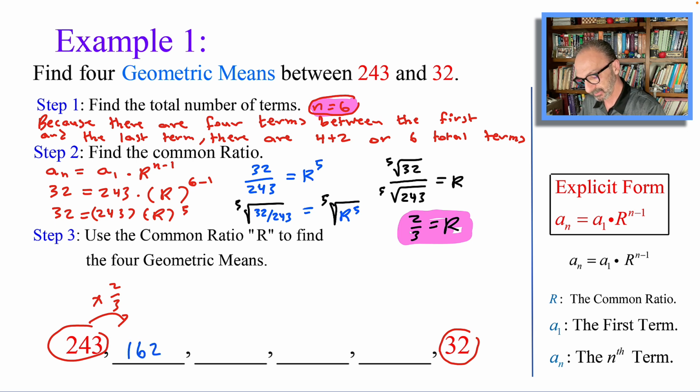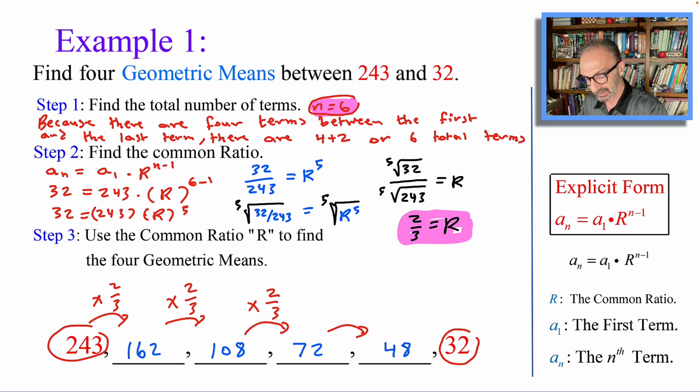And I keep doing that times 2/3, and I will get 108. I take 108 times 2/3, and I get 72. Take 72 and multiply it by 2/3, I will have 48. If you take 48 and multiply it by 2/3, you will get 32.